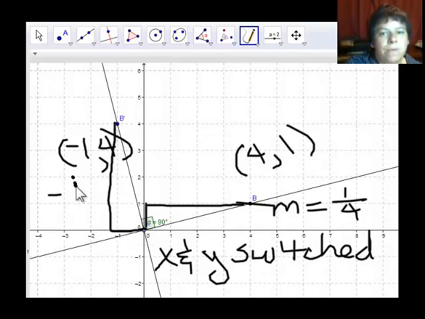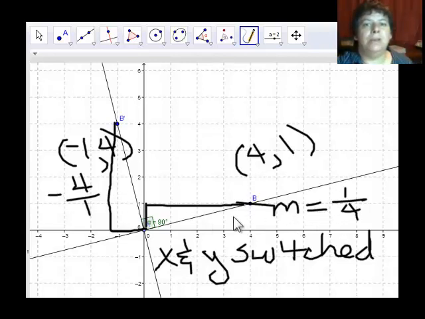So it's -4/1. If you flip them, or take the reciprocal, you can see you get the other one. Flipping 1/4 gives you 4/1. Flipping 4/1 gives you 1/4. The only difference is that the signs are changed, so that we have -4/1 here and 1/4 here. This is negative going down and this is positive.